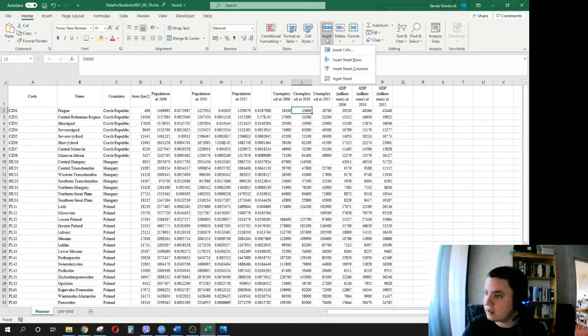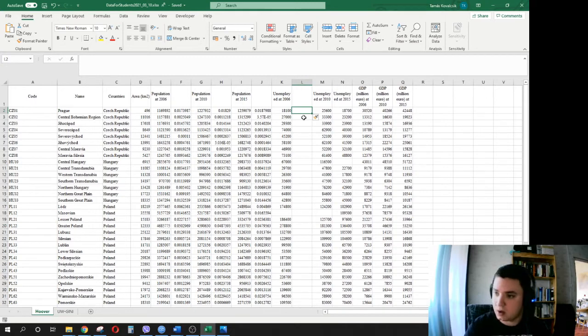Okay, one thing I want to show you, insert one column. The unemployed people: in the case of unemployed people, we have missing values.